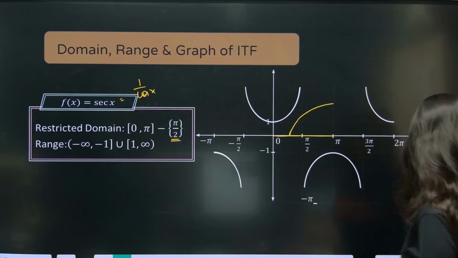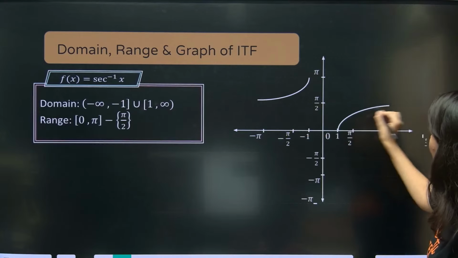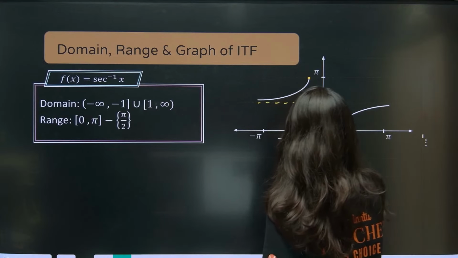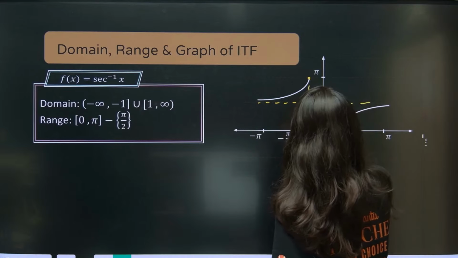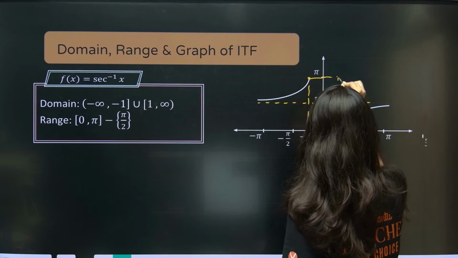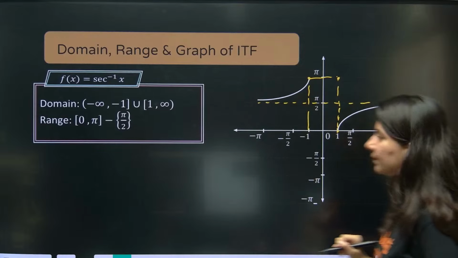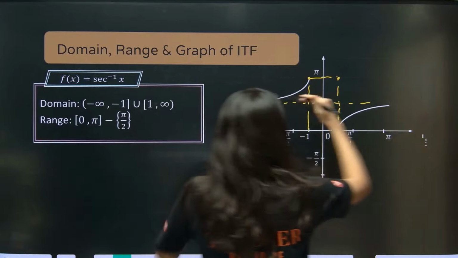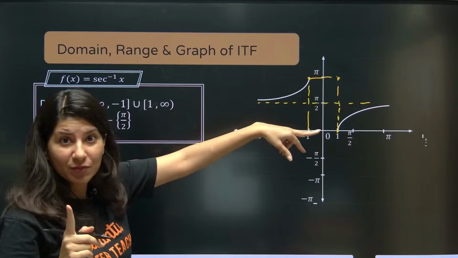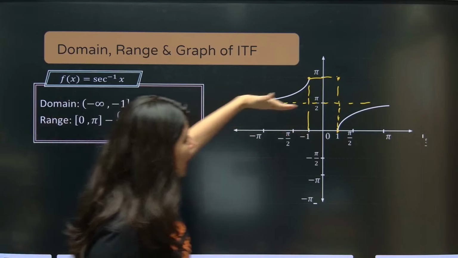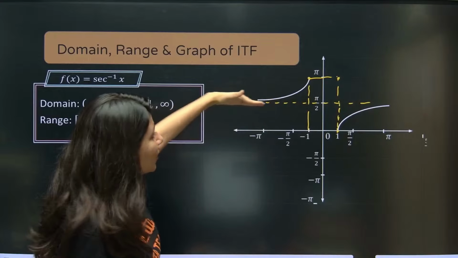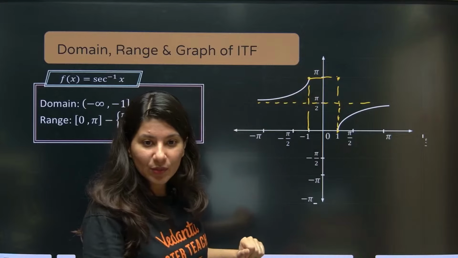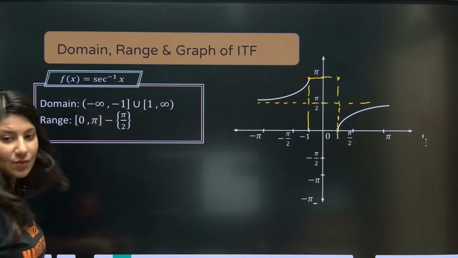This is the sec inverse x graph. 1 to infinity, pi by 2. You know you have to remove pi by 2, right? So make that point, pi by 2 will get removed. So this pi by 2 will be asymptote. Now 1 to pi by 2 and minus 1 to pi by 2, like that. So this is what sec inverse looks like.